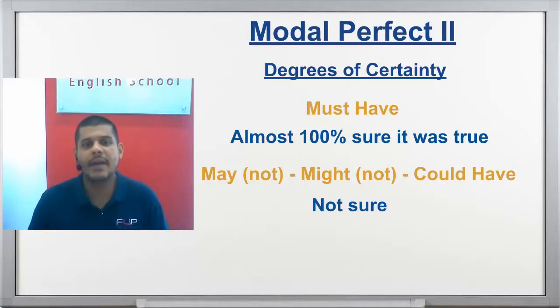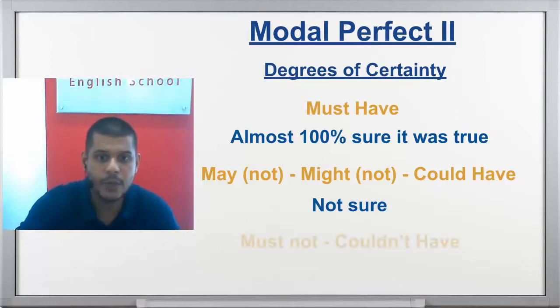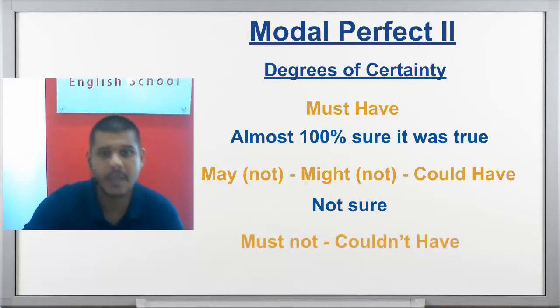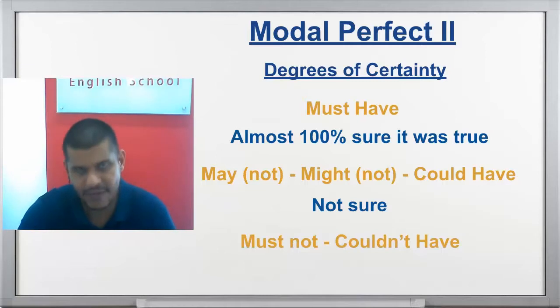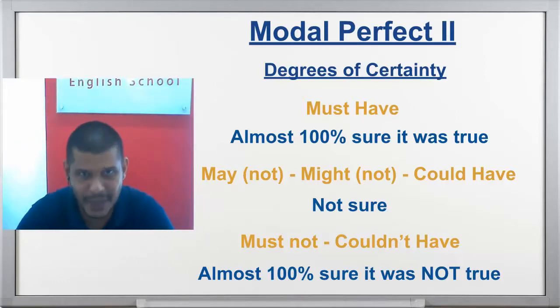I don't know what happened, so I can't say for sure what happened. And finally, I can use must not have or couldn't have to indicate that I'm almost 100% sure that something was not true, that something never happened actually. It's basically the contrary of the first one, must have.